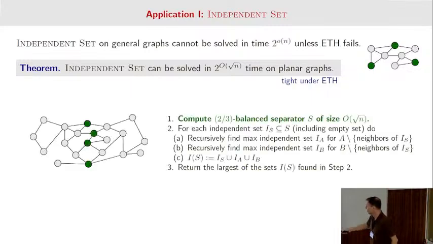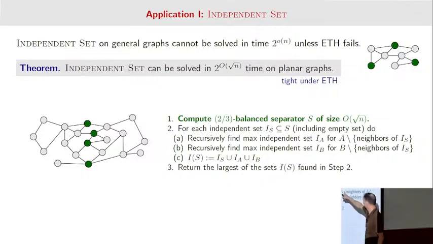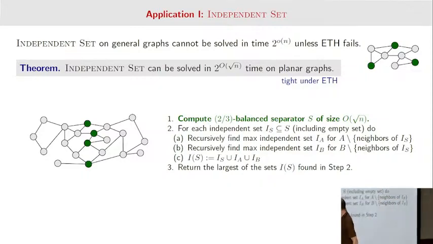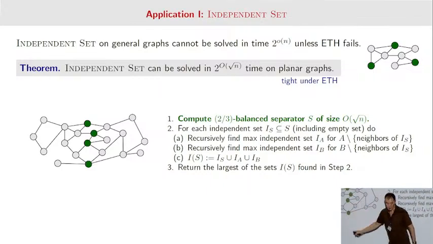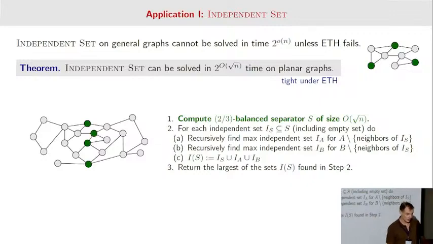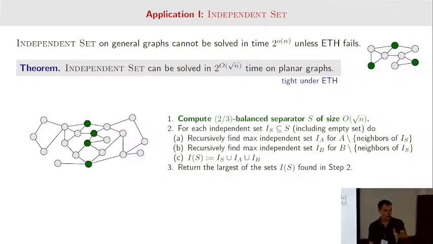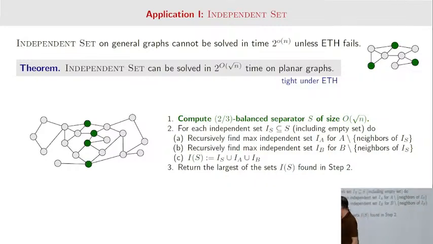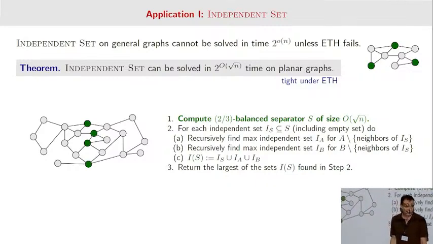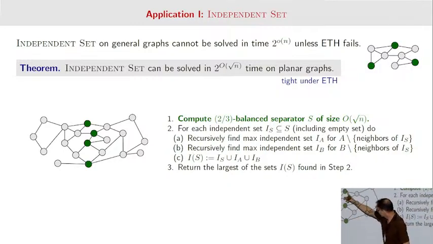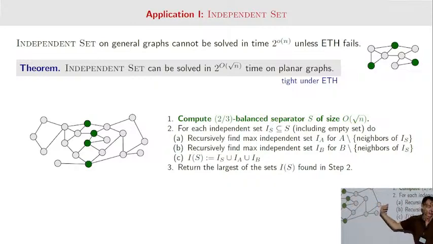What you do is you compute this separator here. Then for each possible independent set of the separator, I have the square root of n nodes, so I have 2 to the square root of n subsets that might be independent sets. So for each of the 2 to the square root of n things, I guess that that is my separator, and if I have picked some nodes here, then on this side, if this was in my separator, here I have to rule out this one, so I remove some nodes, I recurse here, same thing on the other side.